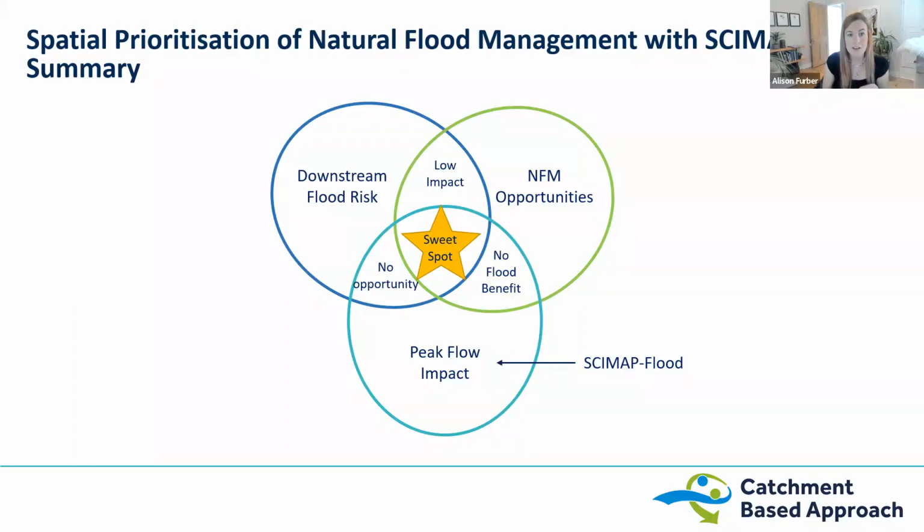If every CABA catchment partnership comes to us and asks us to run it for them, we're going to struggle. But maybe within the Thames area, if you want to club together and get somebody to run SCIMAP-Flood for your catchments, we could support that person with a bit of training and support. So it'd be really interesting to hear what you think, and what you need from us.